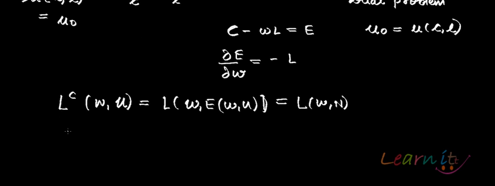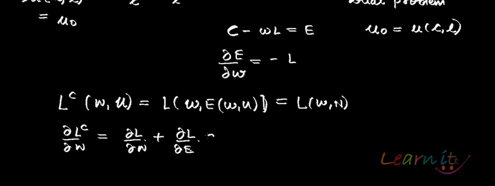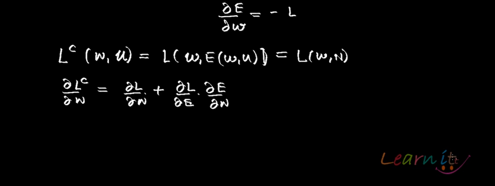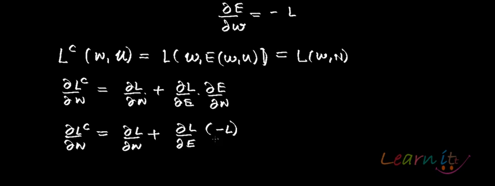Now, if you partially differentiate this, what you'll be getting is del L^C by del W equal to del L by del W into dW by dW, which is 1, plus del L by del E into del E by del W. But you have already seen that del E by del W is equal to minus L. So you can write this as del L^C by del W equal to del L by del W plus del L by del E into minus L.